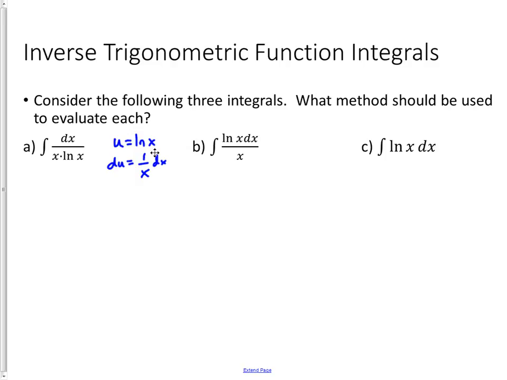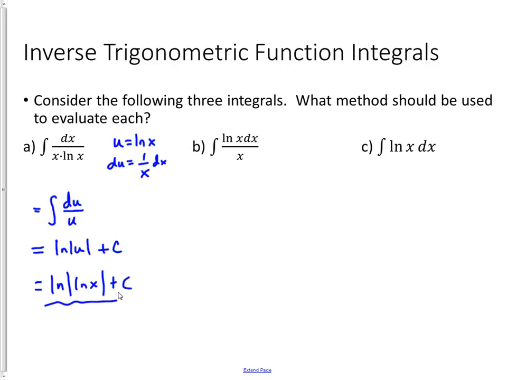We have dx over x right here, and we have a u in the denominator, and so we've got something that looks more like this, du over u, which interestingly is going to become a natural log of the absolute value of u plus a constant. And look at what we substitute in for u, natural log of x. So this is really going to be more like the natural log of the absolute value of the natural log of x plus a constant. Ooh, that's sort of a weird one, but it fits.